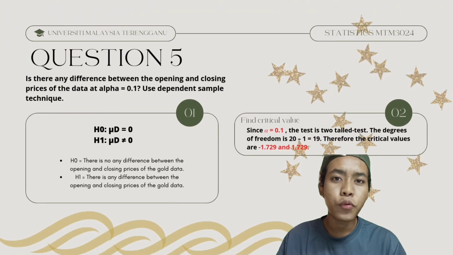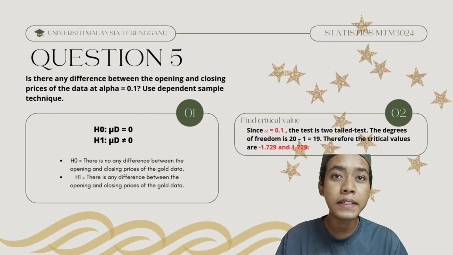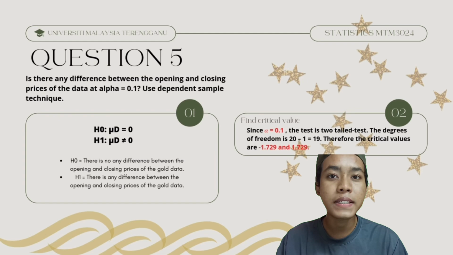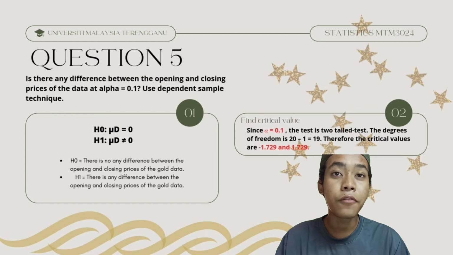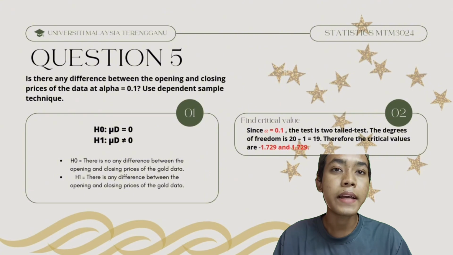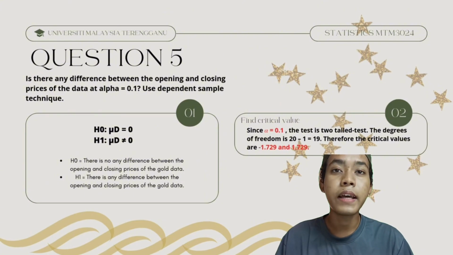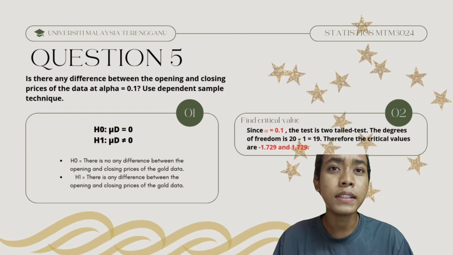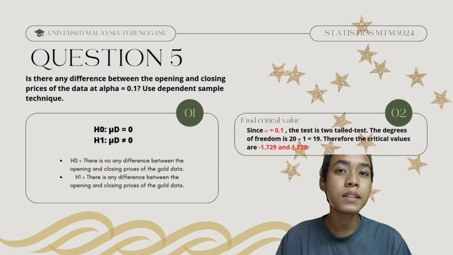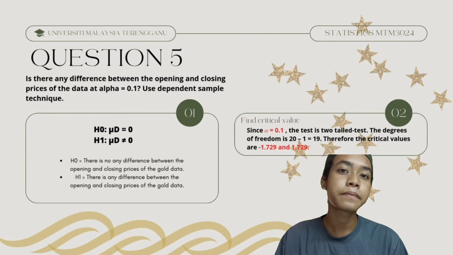So for question 5, to determine whether there is a significant difference between the opening and closing prices at a significance level alpha of 0.1, we use the dependent sample t-test. The null hypothesis, H0, states that the mean difference mu d between the opening and the closing prices is 0, while the alternative hypothesis states that the mean difference is not 0.